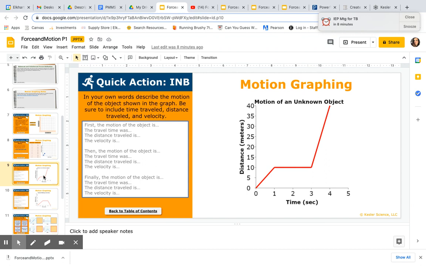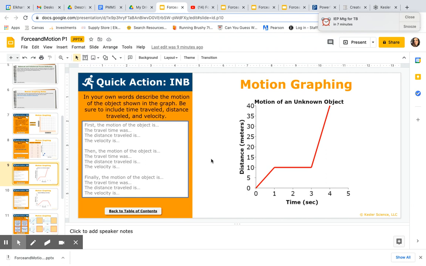In your own words, describe what the motion of the object shown in the graph is. Be sure to include time traveled and distance traveled in the velocity. Okay, so you need to tell me how long it took for it to travel all the way from the bottom to the top. You need to tell me what the distance was, and you also need to tell me the velocity.